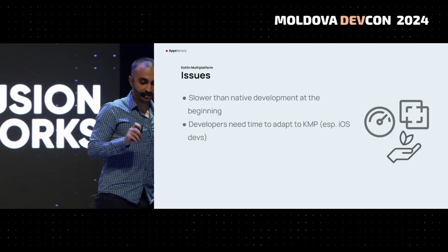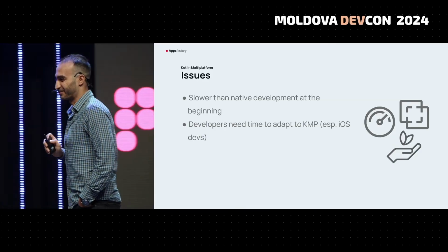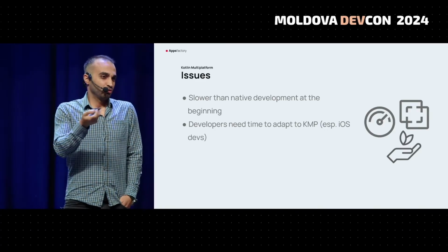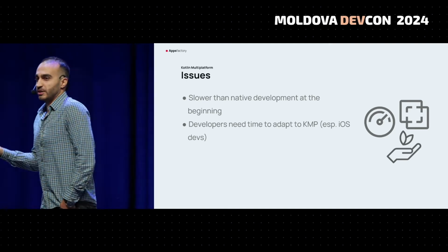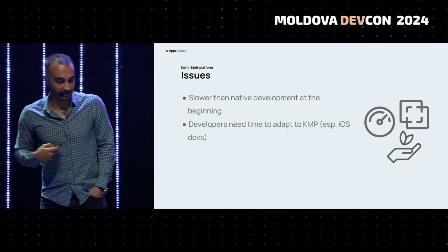Developers need time to adopt KMP, especially iOS developers. I'm sorry for that, but for Android developers, it's identical. You have coroutines, you have flows, you have Jetpack Compose, you're writing the same thing as in your normal daily work life.